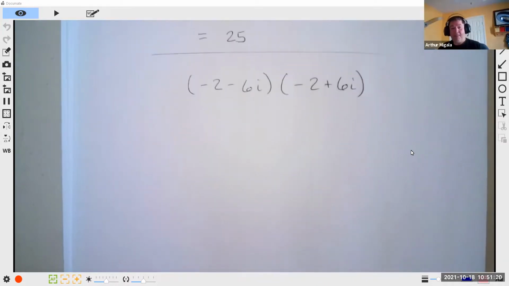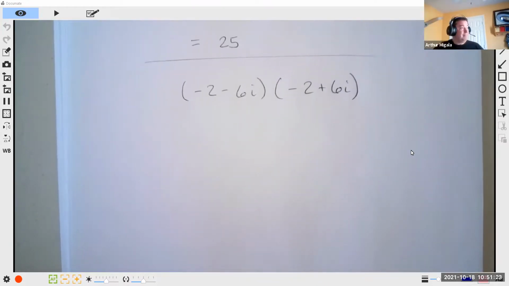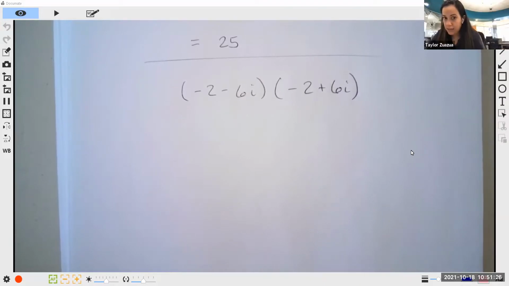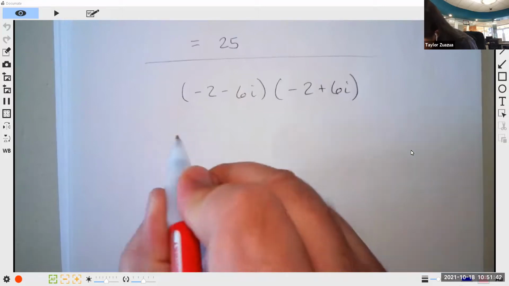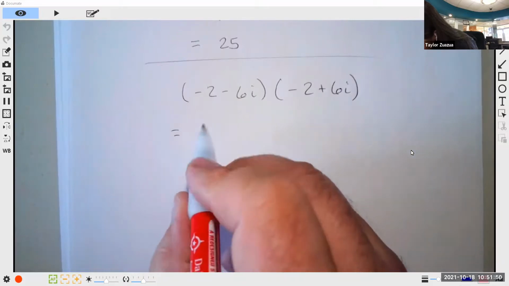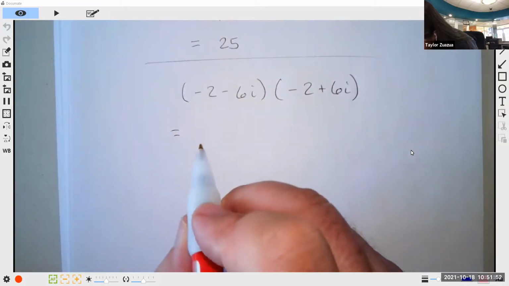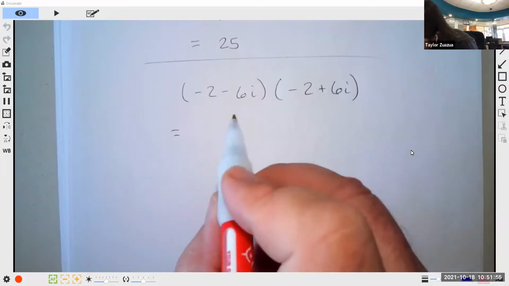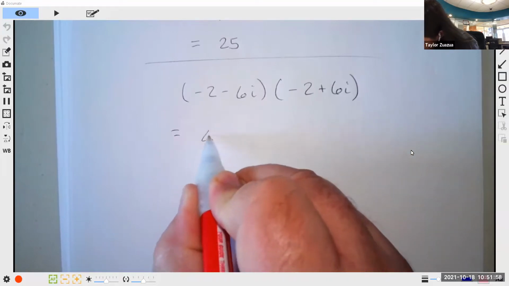How about this one? Minus 6i and then negative 2 plus 6i. Negative times a negative equals a positive 4. Then negative 2 times positive 6i is negative 12i. Then negative 6i times negative 2 is a positive 12i.